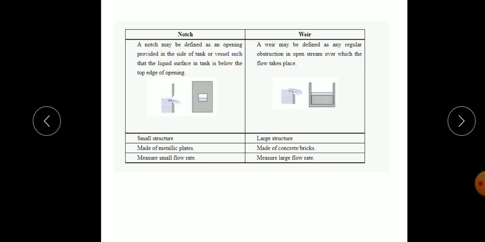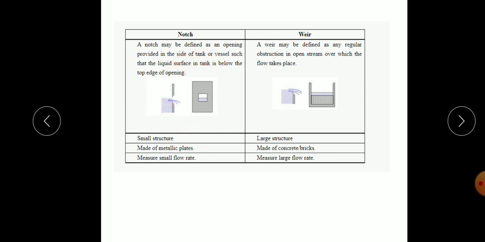So we can see here the difference between a notch and a weir. A notch is an opening provided in the side of a tank or vessel, where the liquid surface in the tank is below the top edge. Notches are used in small structures, with metallic plates, to measure smaller flow rates in open channels.